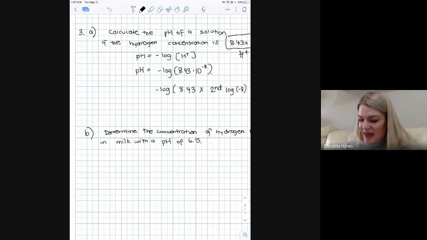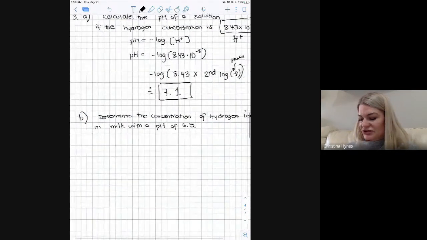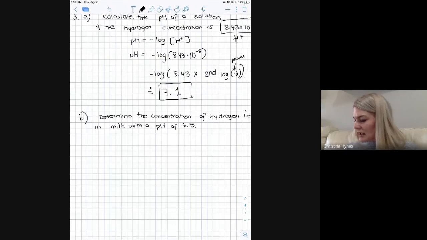I put that in the power spot. I closed my brackets and I got 7.1 once I rounded it, so it's the approximate value. So that's my pH for the first question. Okay, you guys just have to put negative log of your concentration, and you don't have to worry about that scientific notation, which is good.